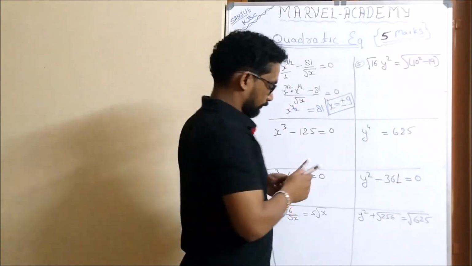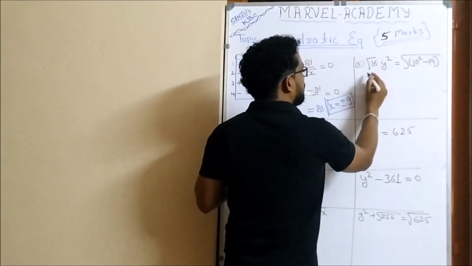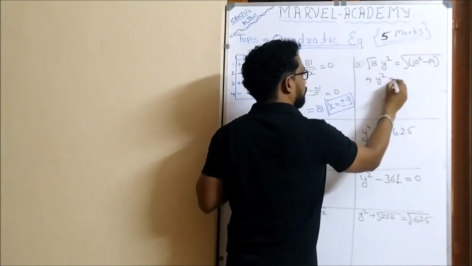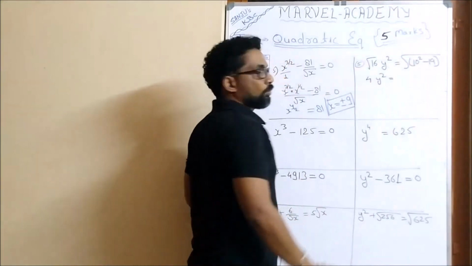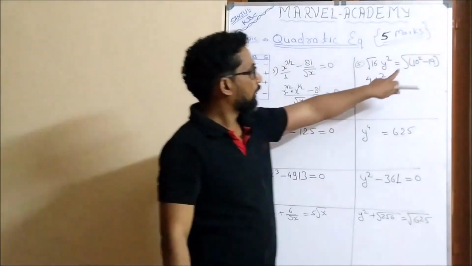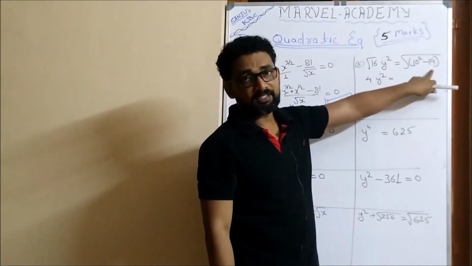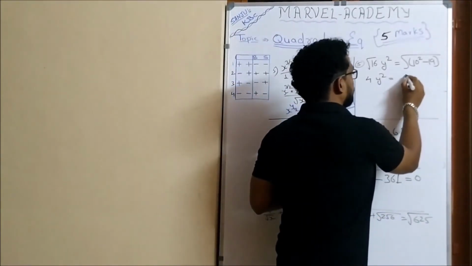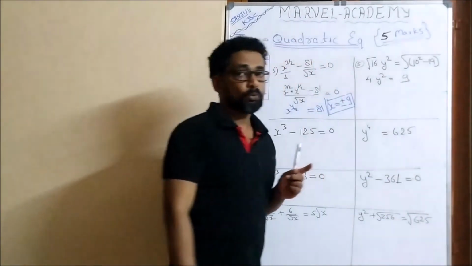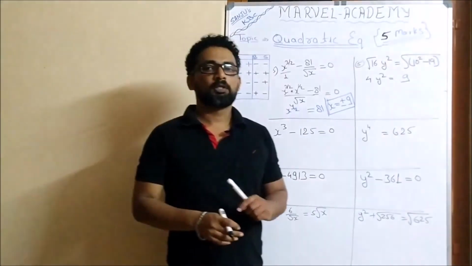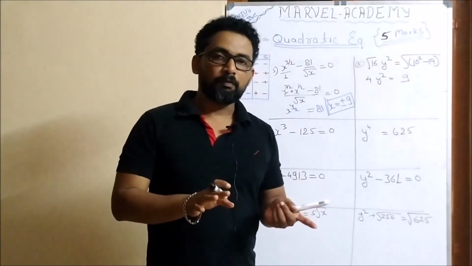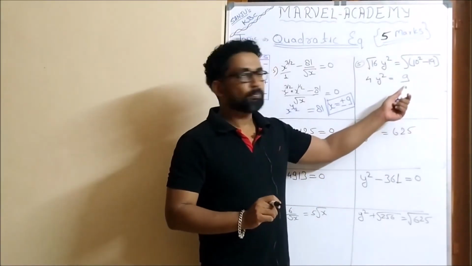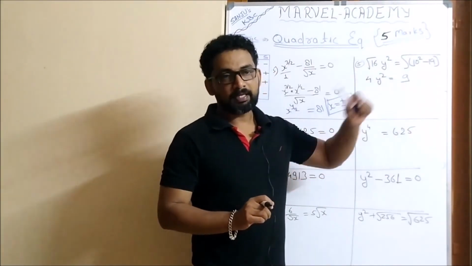Here, under root 16 is 4, then y square equals 10 square, which is 100. 100 minus 19 is 81. So root of 81 is 9. While converting the root value, we will get only one value, that is positive or negative.